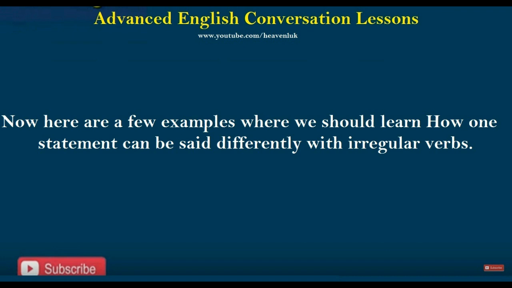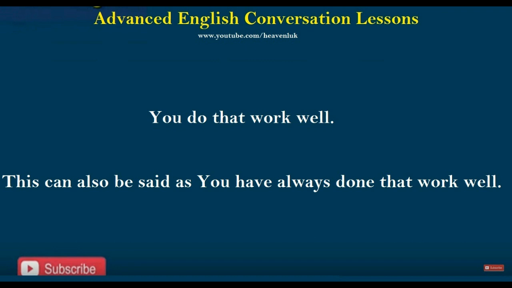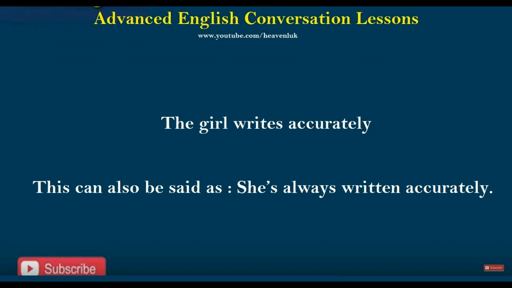Now here are a few examples where we shall learn how one statement can be said differently with irregular verbs. You do that work well. This can also be said as you have always done that work well. The girl writes accurately. This can also be said as she has always written accurately.